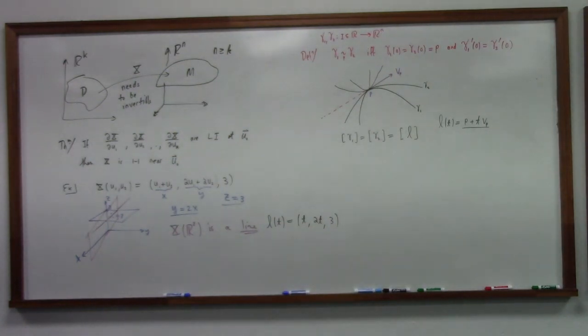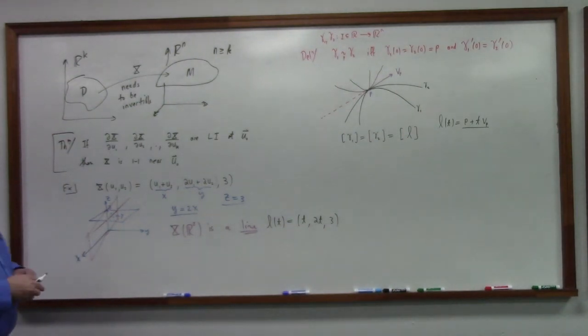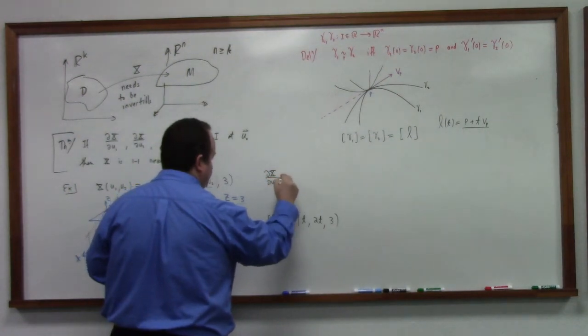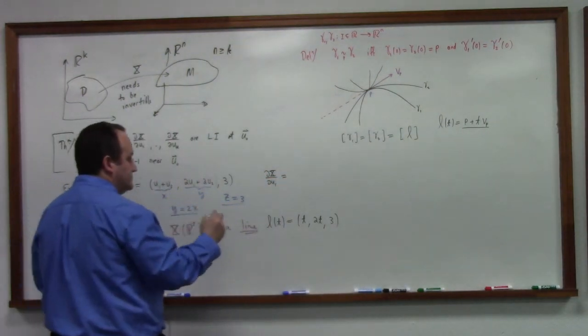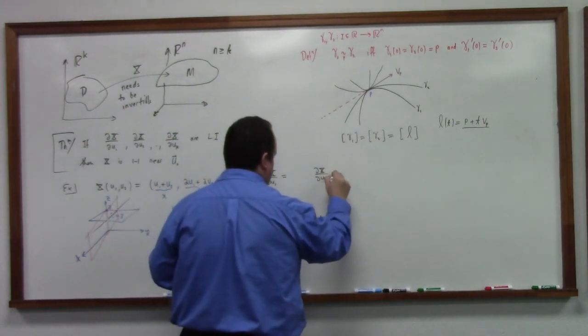Now, how does it fail to satisfy this theorem right here? Well, what is partial x partial u1? What's partial x partial u2 equal to in this case?